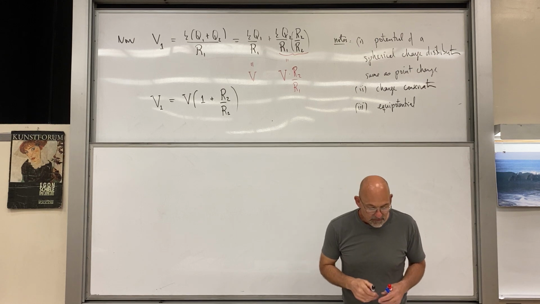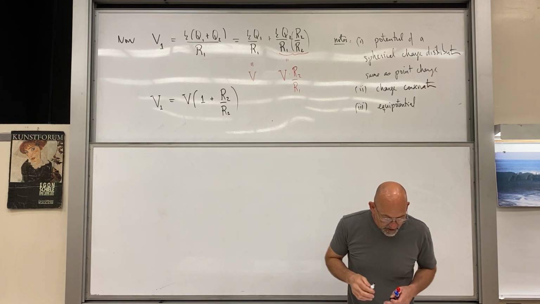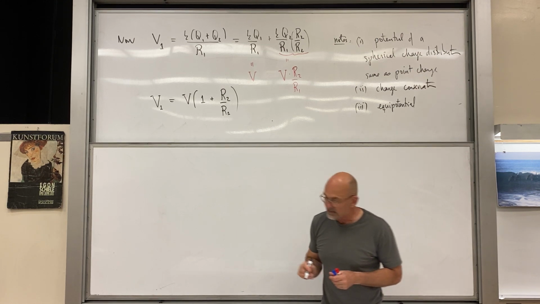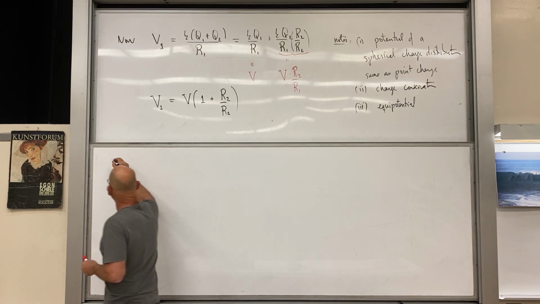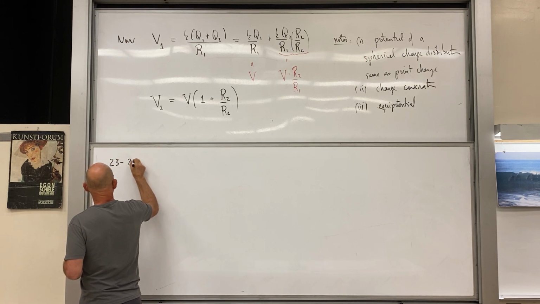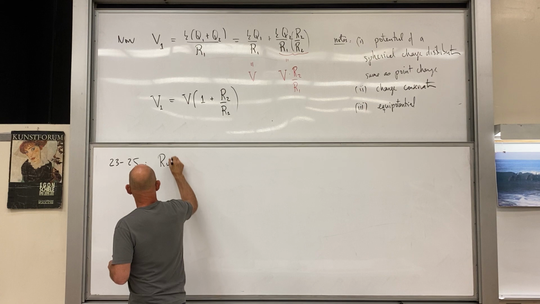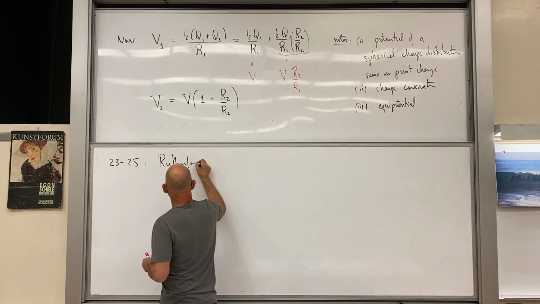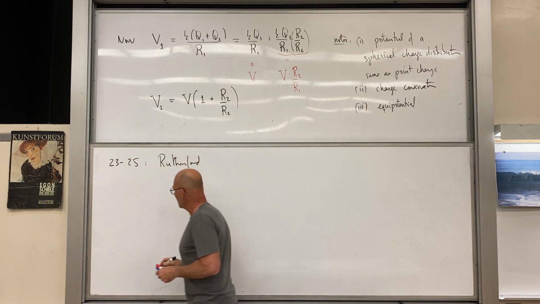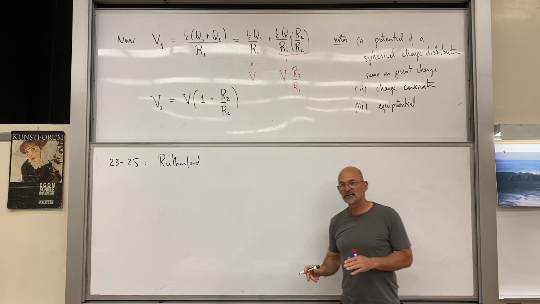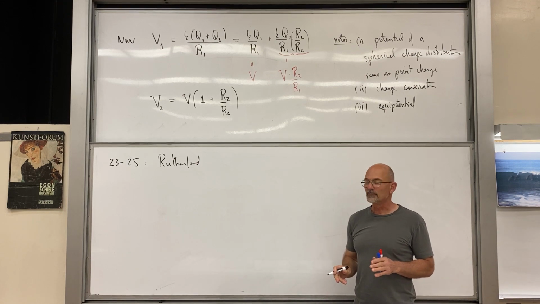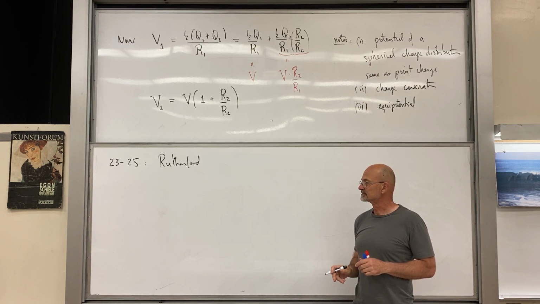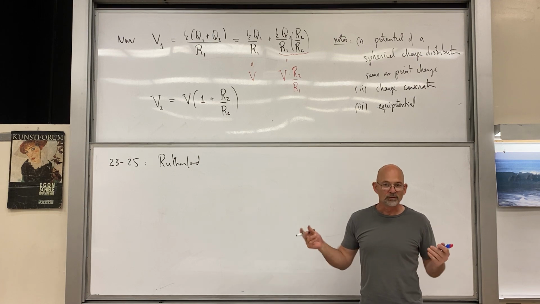So this was 23.25, Rutherford. And they're launching doubly charged alpha particles at gold foil.